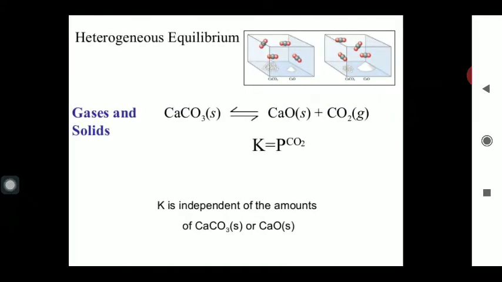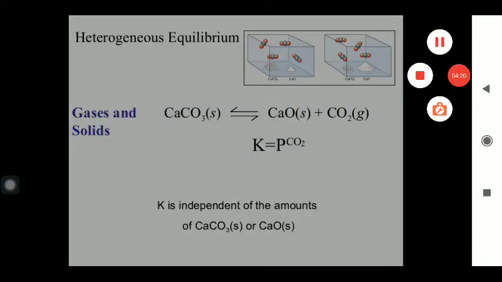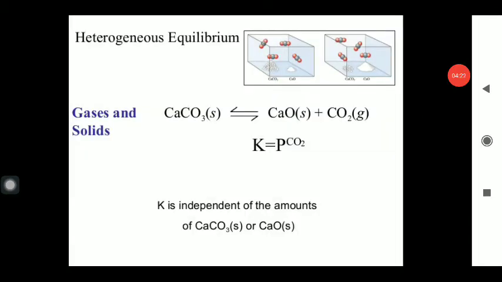And now we will discuss what we mean by the term heterogeneous equilibrium. It concerns the states of matter. If the states of matter for different chemical species in a reaction are different, suppose one is given in the form of a liquid, other is given in the form of a solid, so this type of equilibrium is called heterogeneous equilibrium.